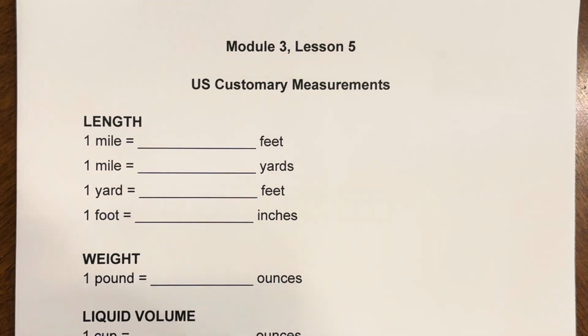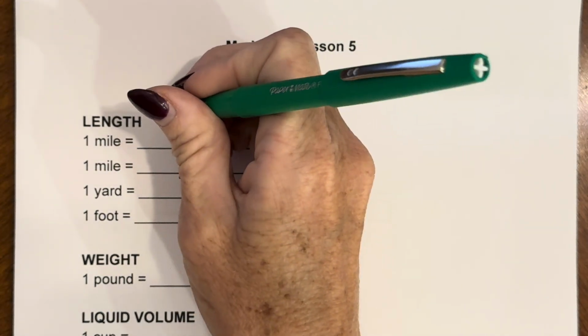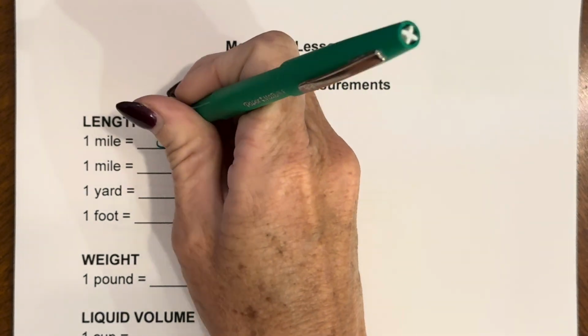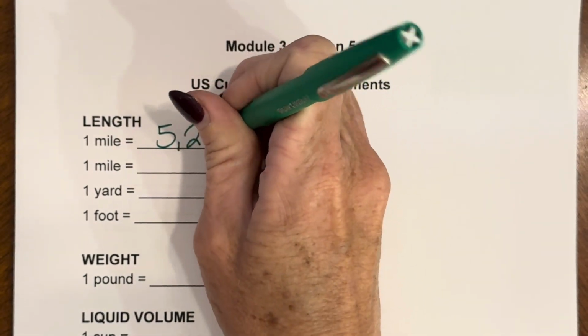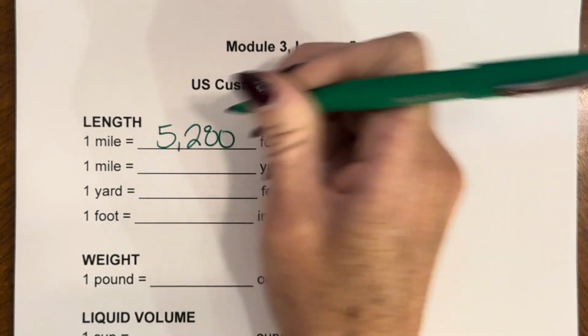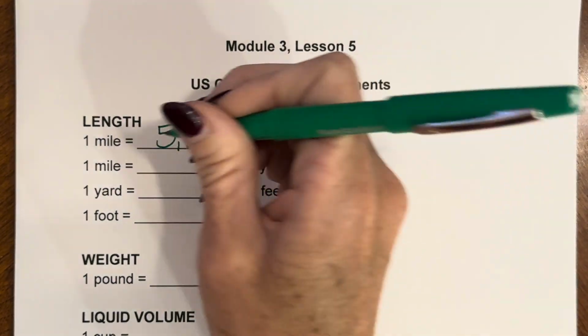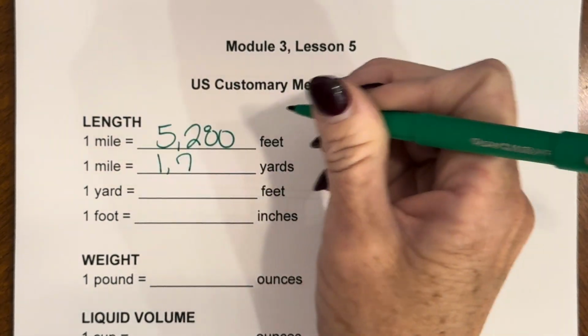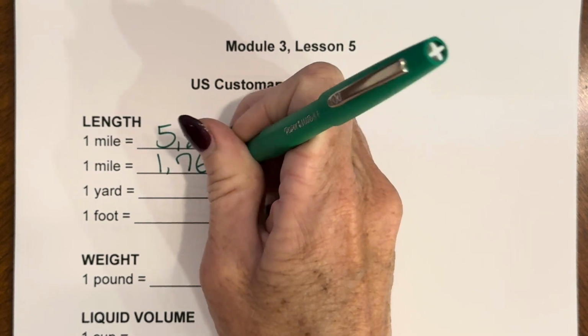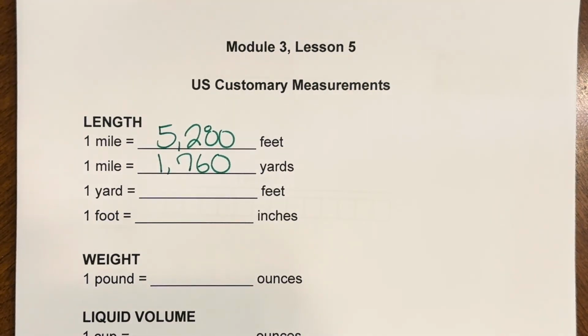So for length, instead of using meters in the metric system, we use miles, yards, feet, and inches. So 1 mile is equal to 5,280 feet. 1 mile can also be said that it's equal to 1,760 yards.